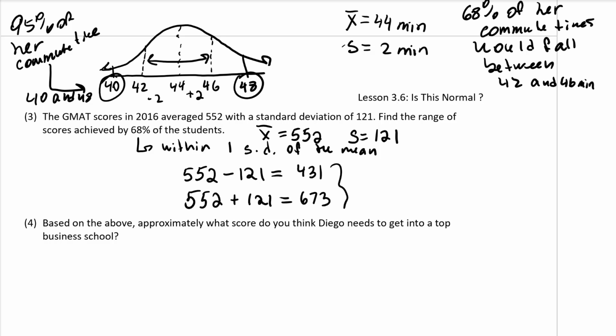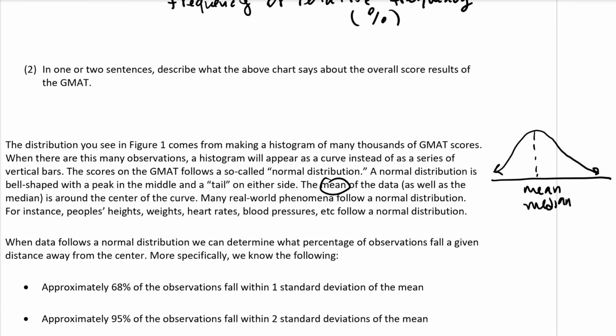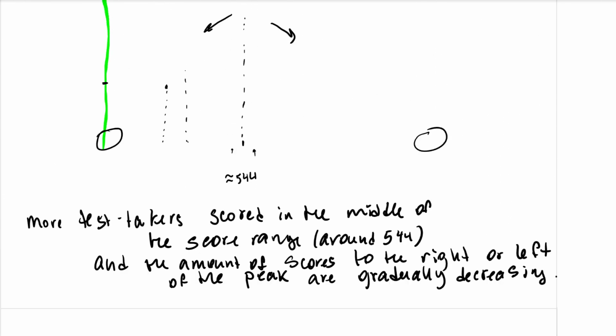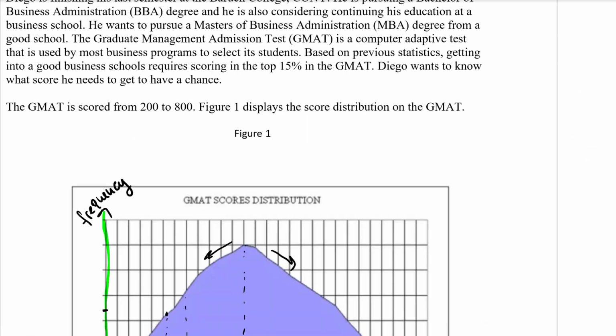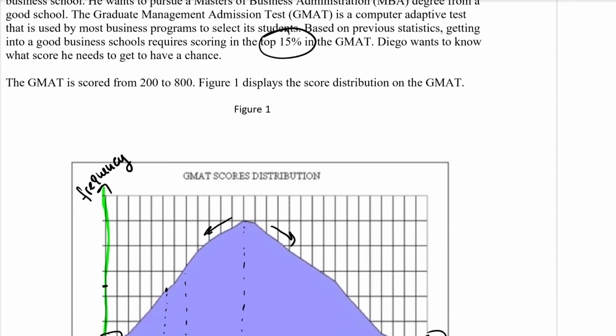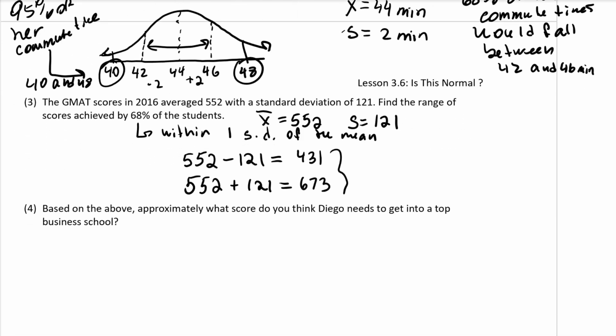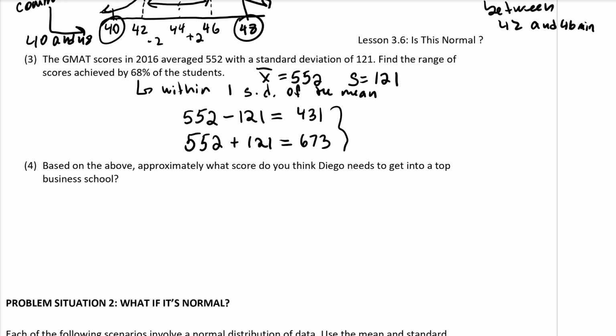In order to answer this question, we need to go back to our original problem situation and find out what he was trying to achieve. He wants to be in the top 15% of the GMAT scores. Top means higher scores. So we want the top 15%.